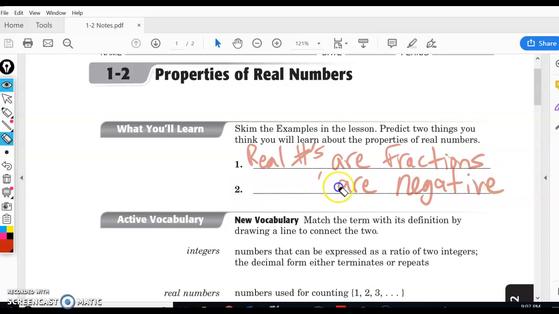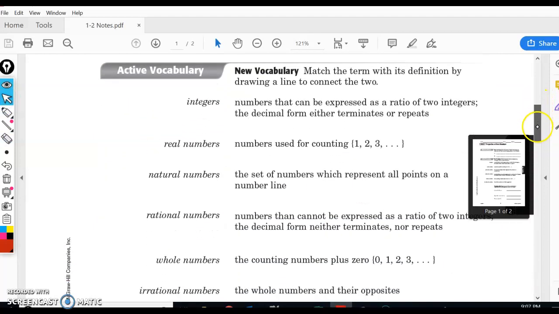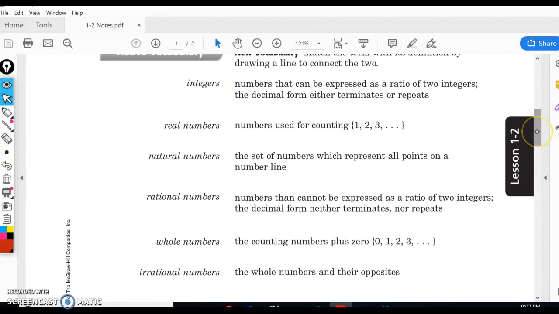Let's now look at a little bit of the vocabulary. Middle of the page, doing some matching. So spend a little bit of time matching what you think integers are, real numbers, natural, rational, whole, and irrational. This should be a little bit of a review for you.